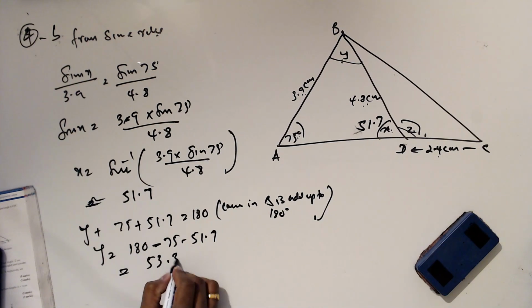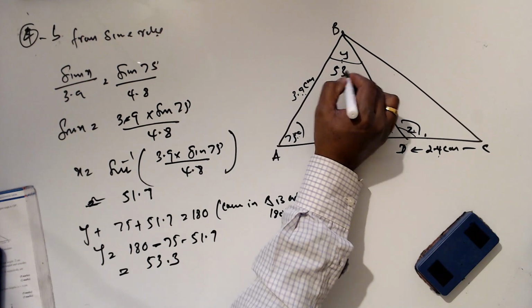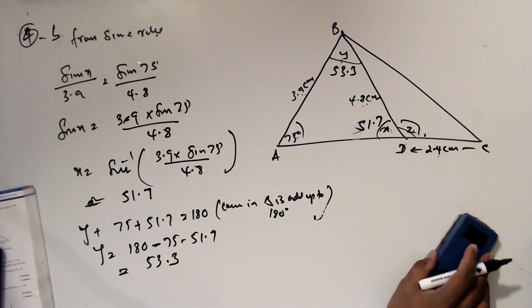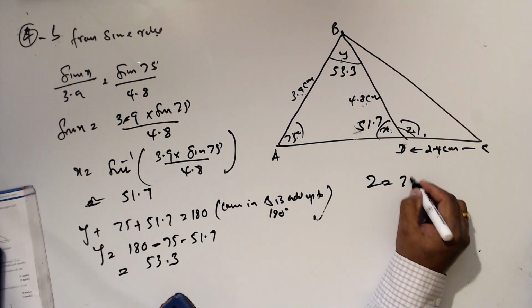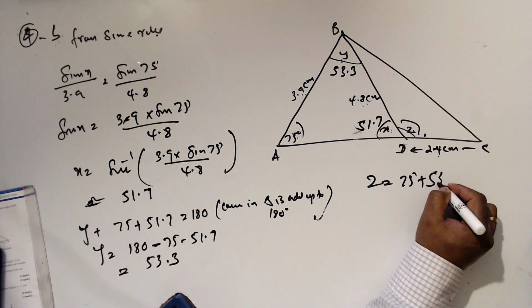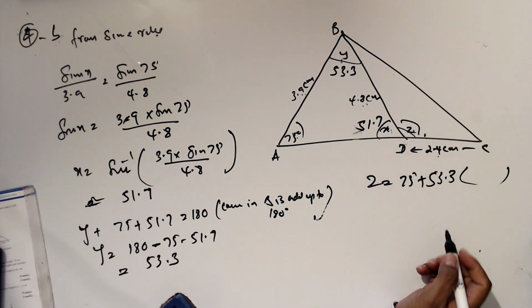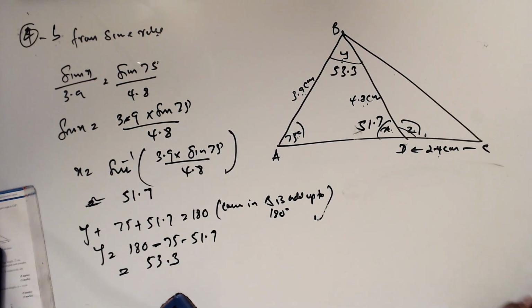Answer is 53.3, and this is going to be 53.3. And this angle again, actually z equal is 75 plus 53.3. There's a rule, the extended angle, or simply you can do it again.